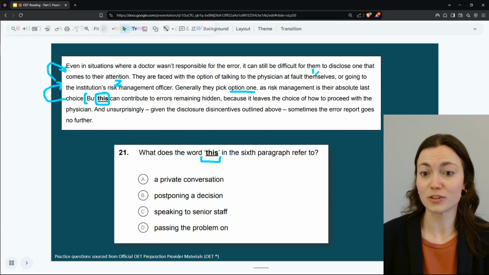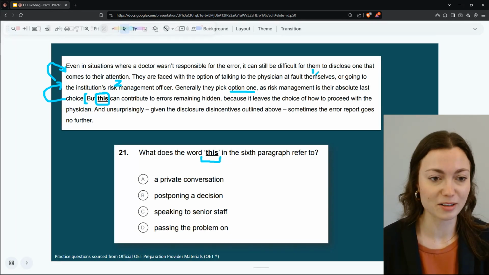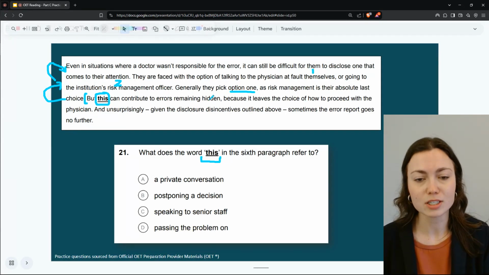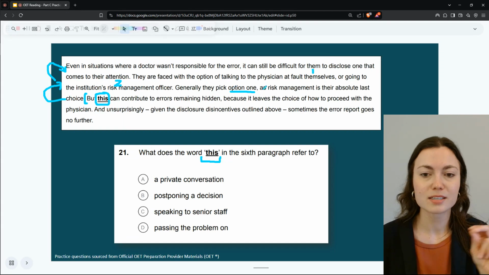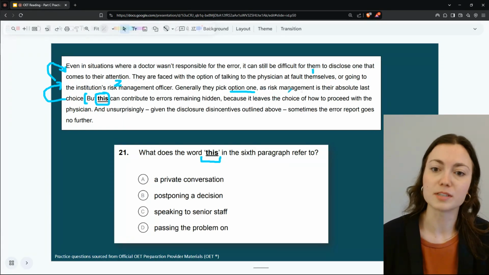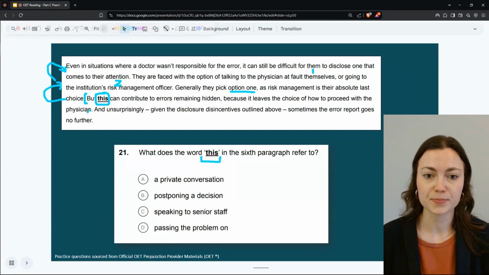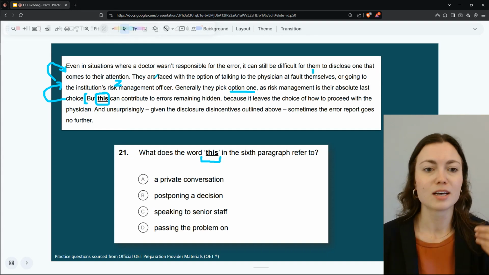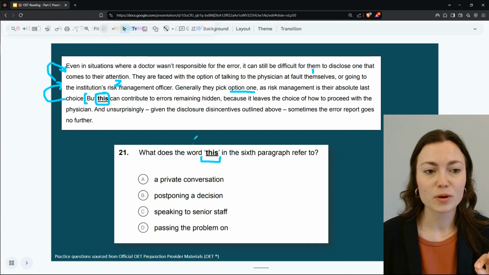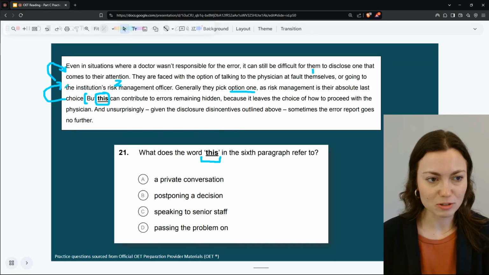This conversation with the physician at fault themselves can contribute to errors remaining hidden. And if we think logically, well, because, as it says, it leaves the choice of how to proceed with the physician at fault. Okay? In contrast, if you go to the institution's risk management office, I'm sure they'd have a different approach for addressing it, right? So really, it's just about tracing it back.